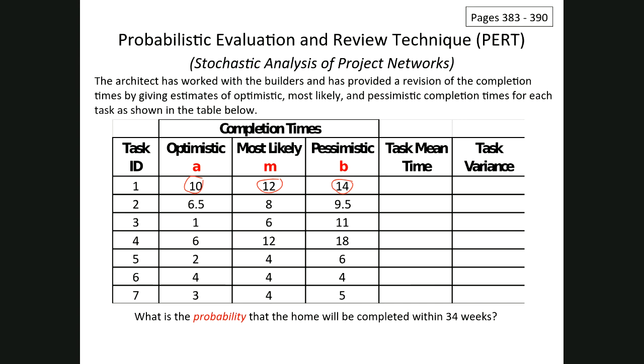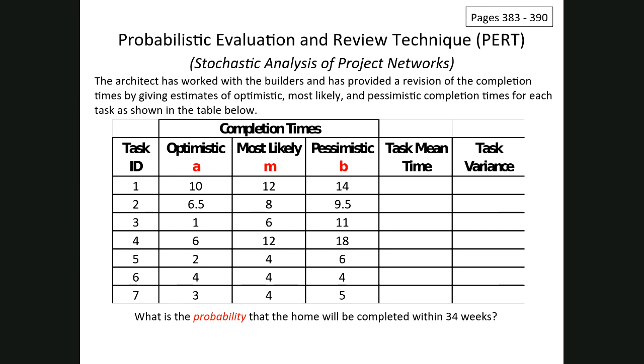And so task 1 is going to be completed somewhere between 10 weeks to 14 weeks, but we don't know exactly when. 10, 11, 12, 11 and a half, 13 and a half, somewhere in here, it's going to be completed.